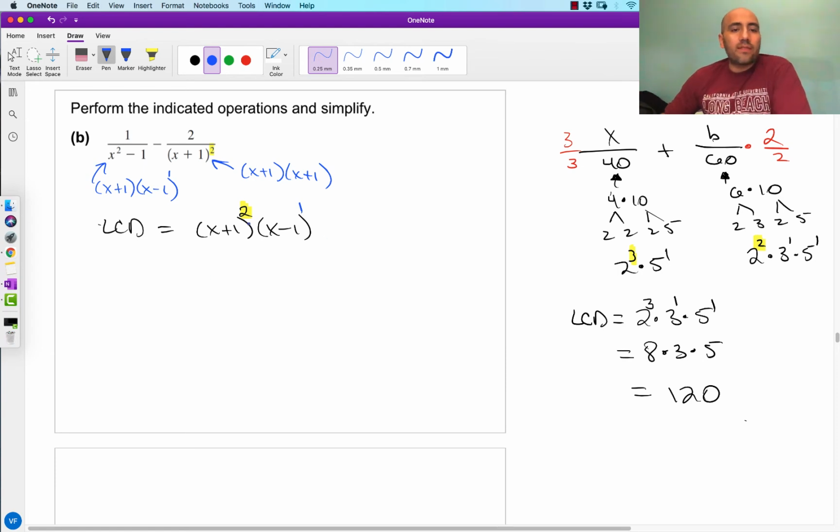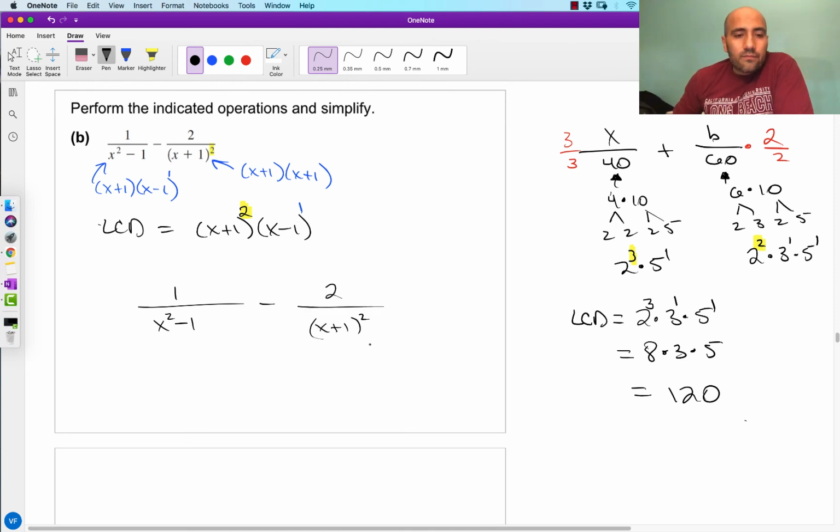Now that I know that that's my least common denominator, let's come back and fix this. So I have 1 over x squared minus 1 minus 2 over x plus 1 squared. Well then this is equal to 1 over x plus 1 times x minus 1 minus 2 over x plus 1 squared.